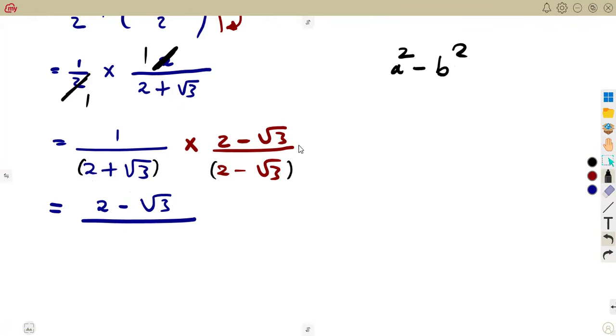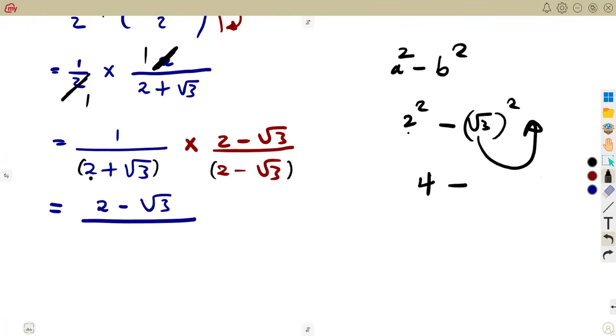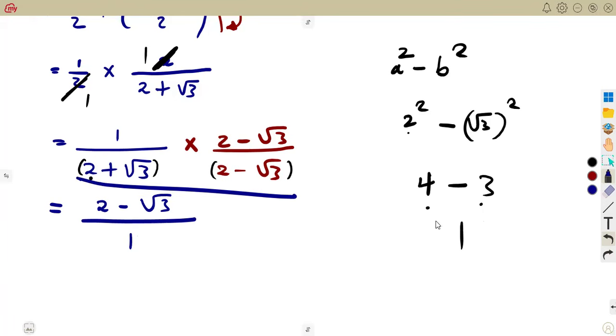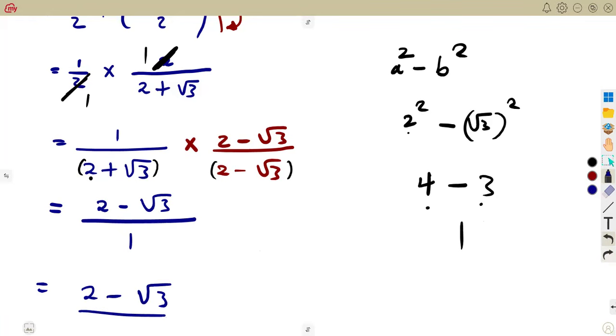So we've got 2 squared minus the square root of 3 squared. What is 2 squared? That's 4, minus the square root of 3 squared, which is 3. So 4 minus 3, that's a 1. As we can see, guys, the whole of this denominator was going to give us a 1 from the difference of 2 squares. And anything divided by 1 remains as it is. So it was going to be 2 minus the square root of 3.